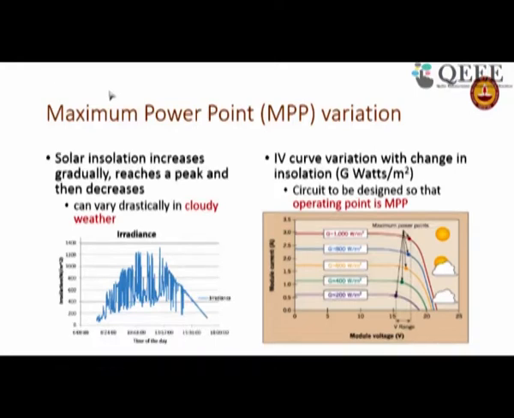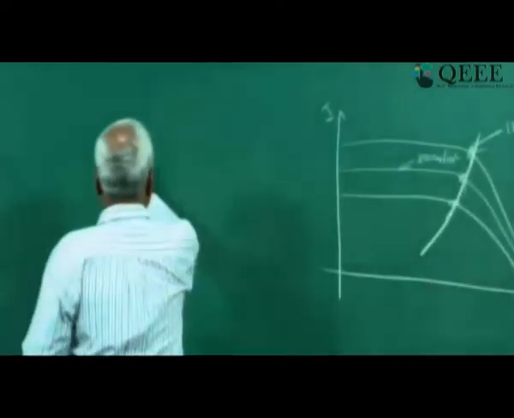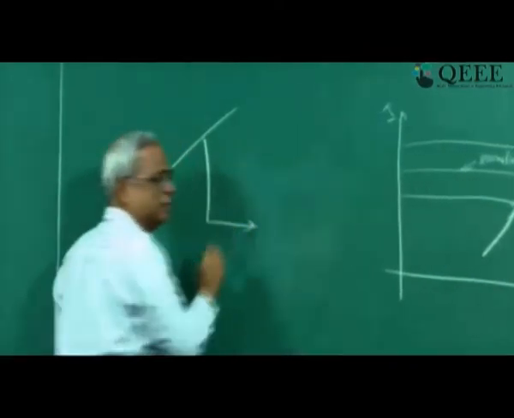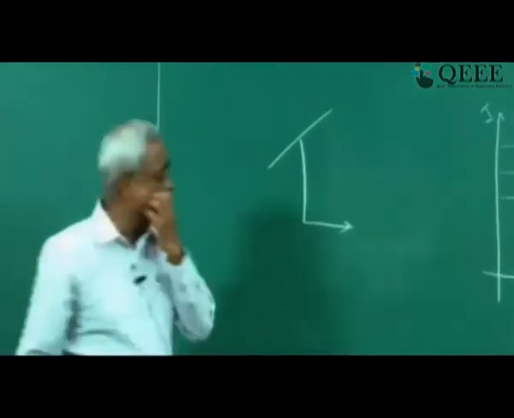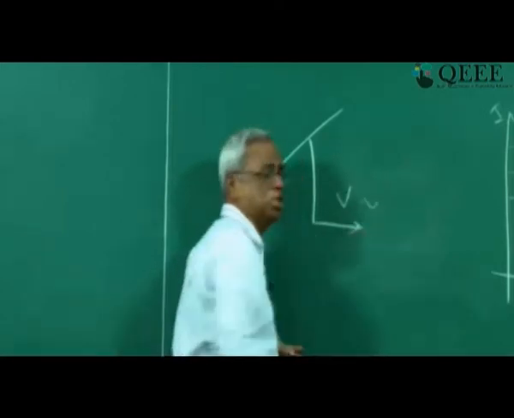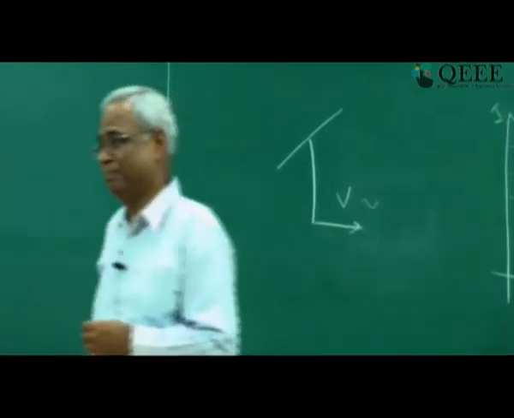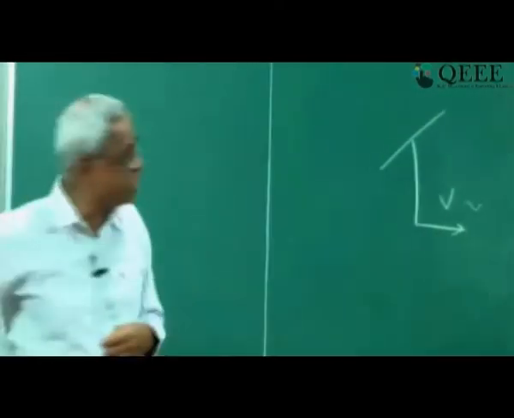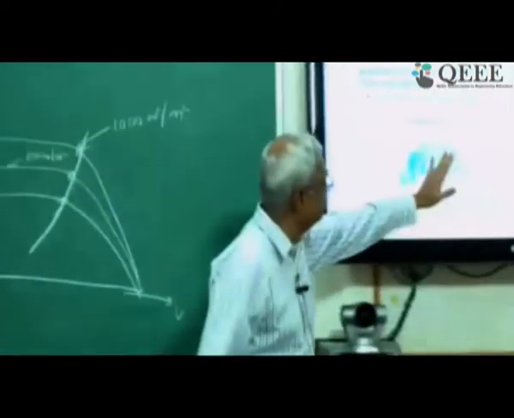So that's the first thing that we need to do. What does it tell us? It tells us that if I take a solar panel and operate it at a certain voltage, the maximum power point, this voltage will not be constant but will change with time. It will certainly change with time, because of day, night, and the change from early morning to midday.